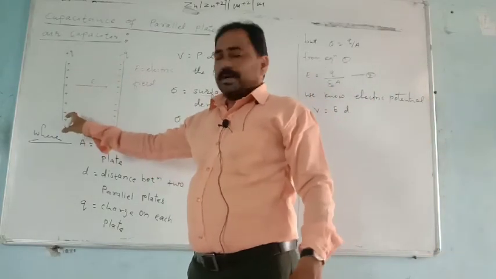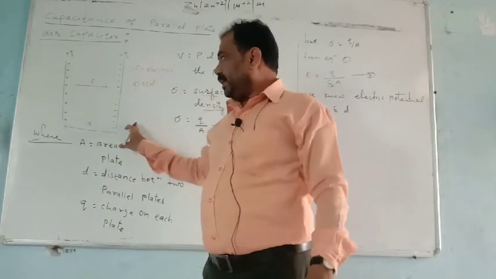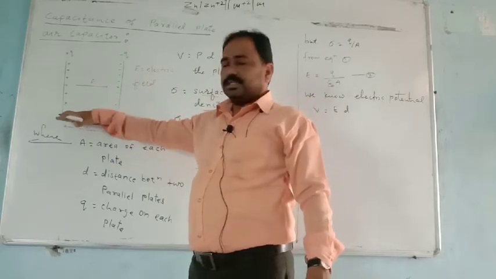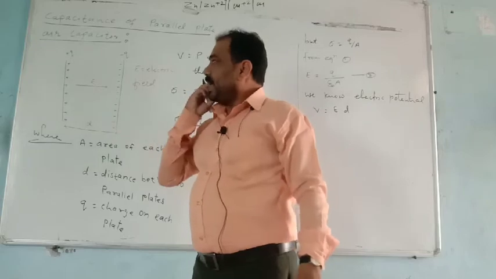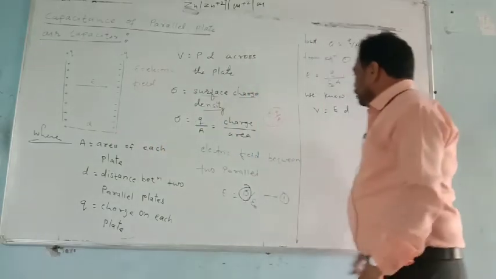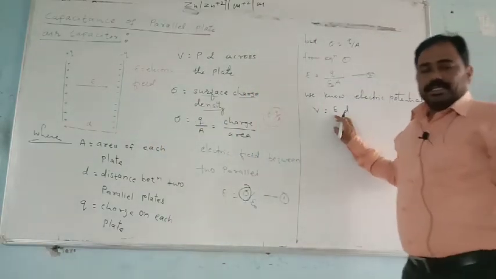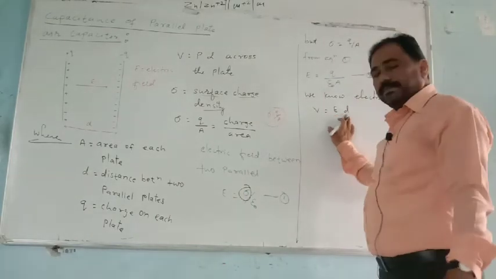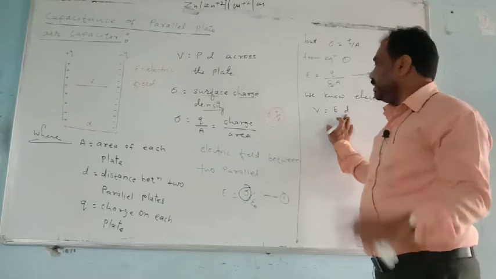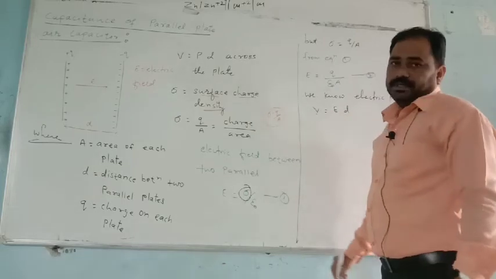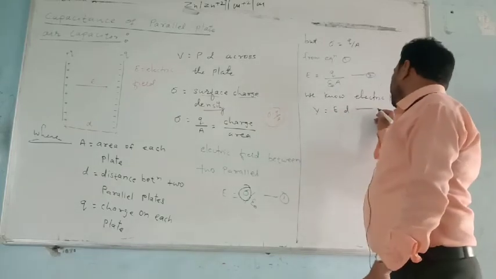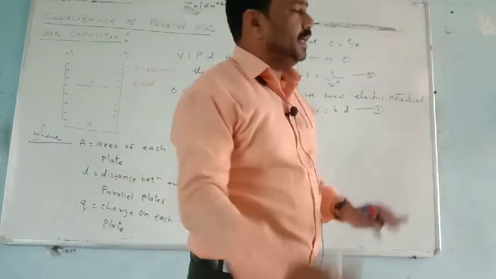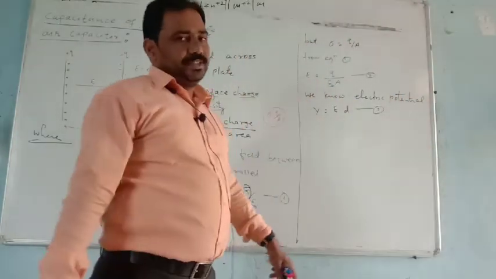This one is the first parallel plate, second parallel plate, and d we are considering is the distance between these parallel plates. Whatever may be the electric intensity, if we multiply electric field intensity by distance between two parallel plates, then we get potential difference. So you can keep in your mind that electric potential is the electric field intensity multiplied by distance.